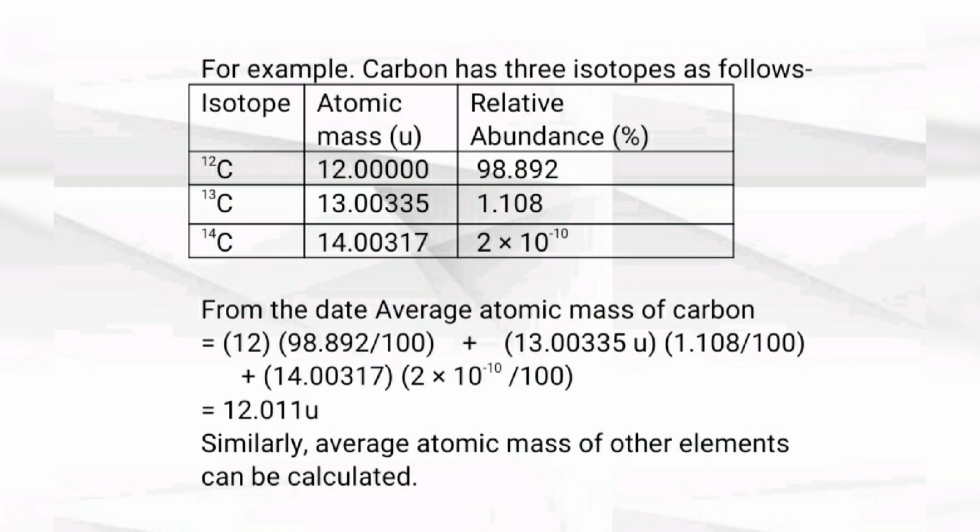So its answer will come 12.011 U, that is about 12 U. So this is the average atomic mass of the element carbon. We know that carbon 12 has a mass 12 U, but all these three isotopes are present, so its average atomic mass is 12.011 U. For other elements, to calculate their average atomic mass, we can use the same procedure.